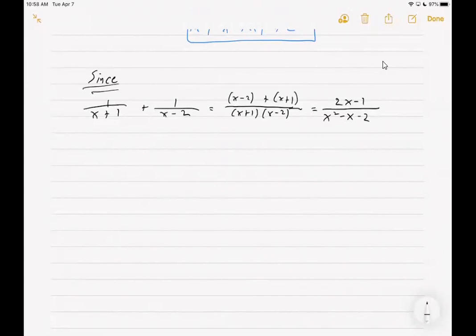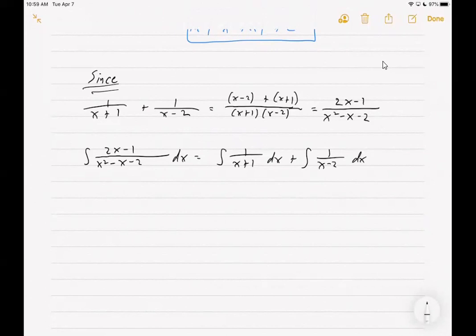Okay, so since this is true, if I had been given the problem, find the integral of 2x minus 1 over x squared minus x minus 2 with respect to x, we could rewrite that as the integral of 1 over x plus 1 with respect to x plus the integral of 1 over x minus 2 with respect to x, right?